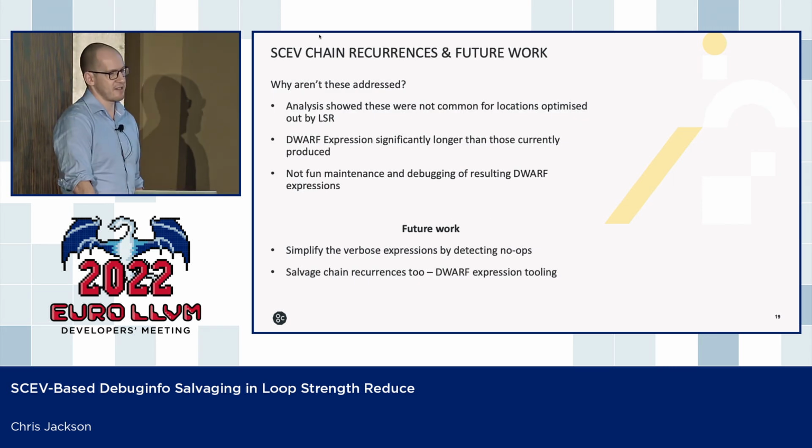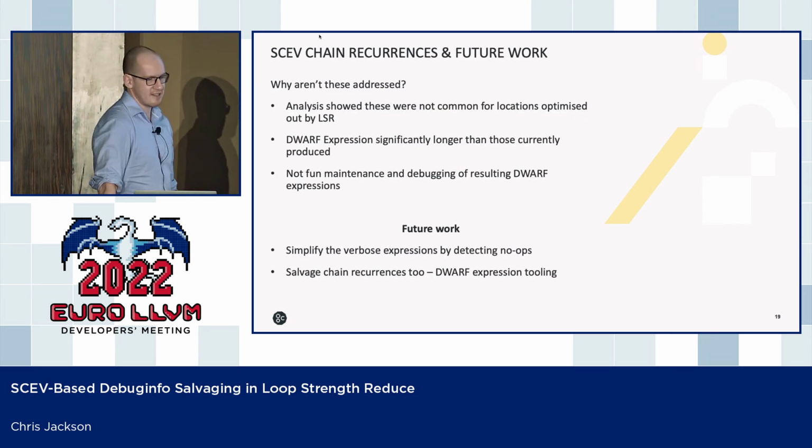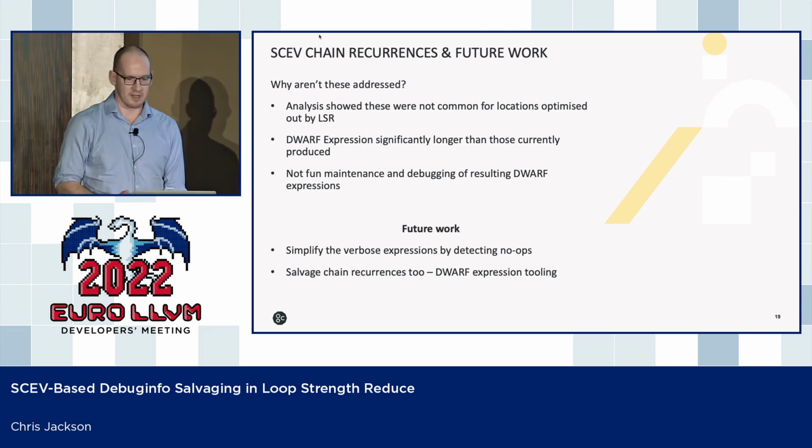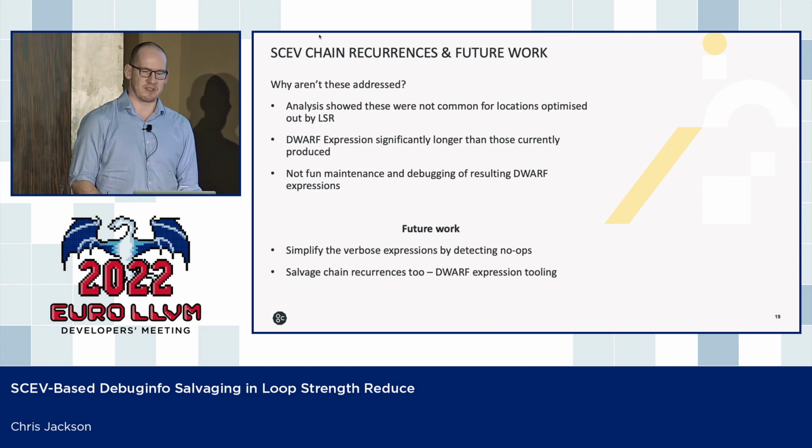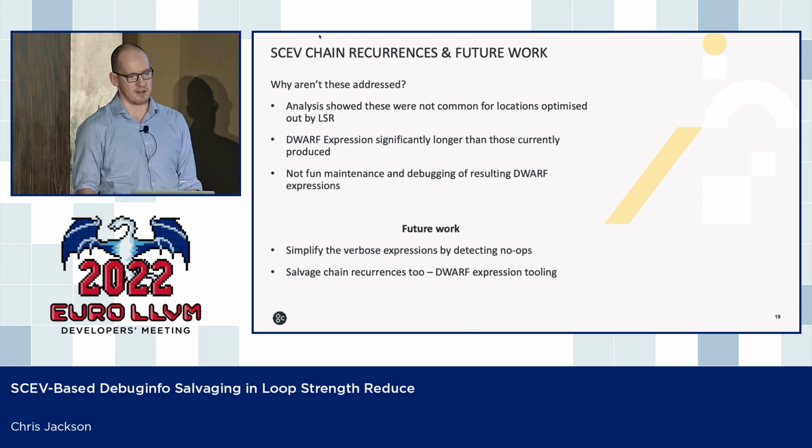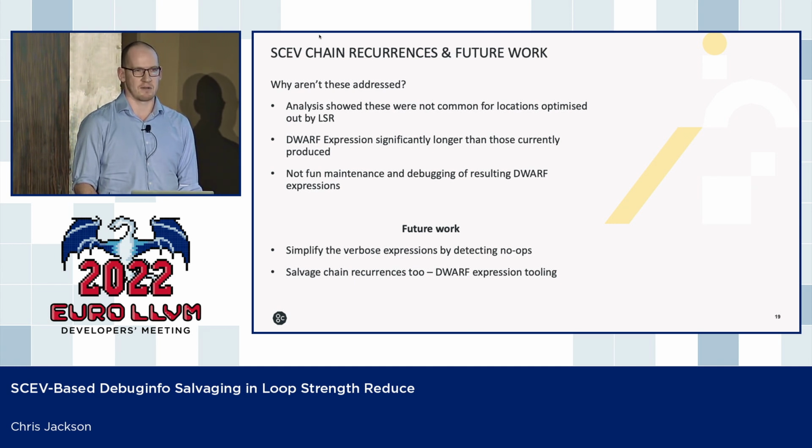So I mentioned earlier SCEV chain recurrences and said I wasn't going to address those. There's two reasons. Firstly, some instrumentation showed that debug.value that referred to locations with chain recurrent SCEVs were uncommon for LSR to optimize out. So there would have been a relatively low return on investment in implementing that.